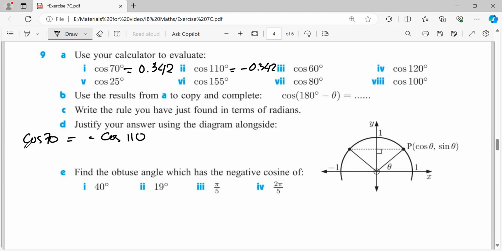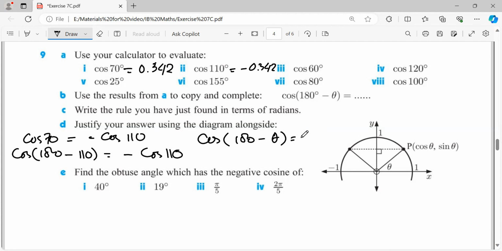If you look at the number, cosine 70 is actually cosine (180 minus 110). So this is the conclusion that cosine (180 minus theta) equals negative cosine theta. Yeah, this is the conclusion.